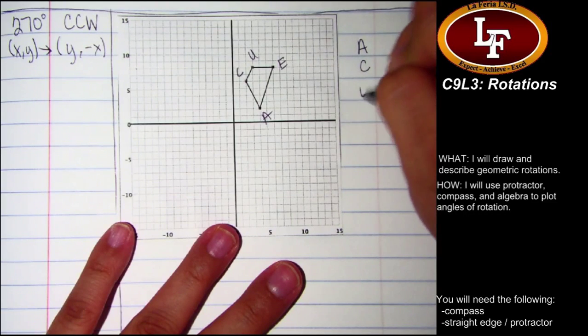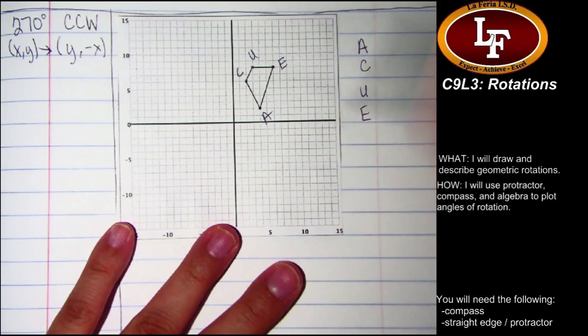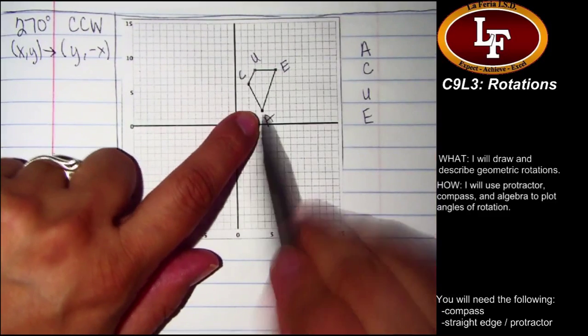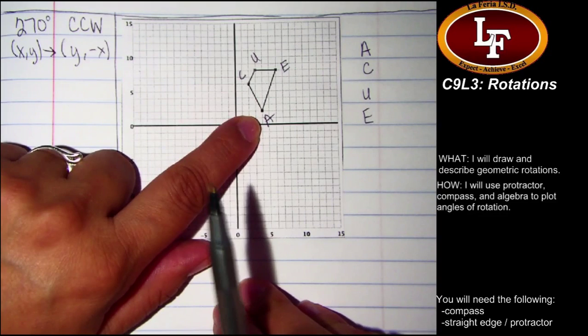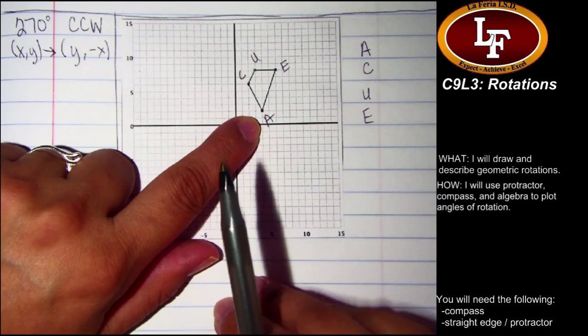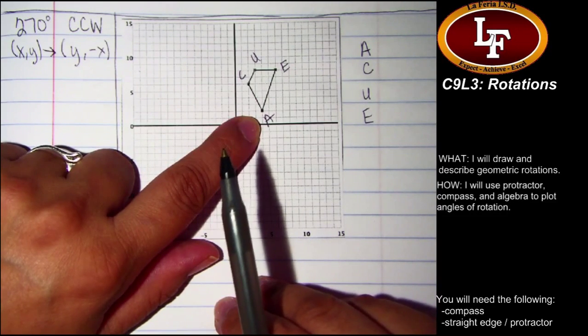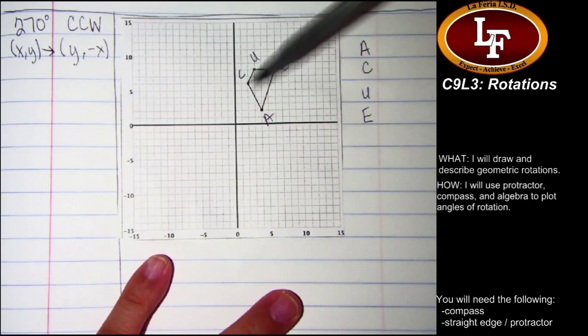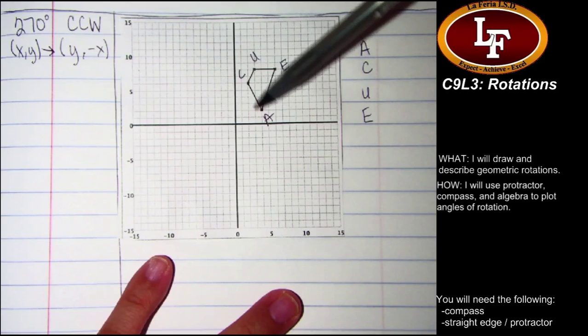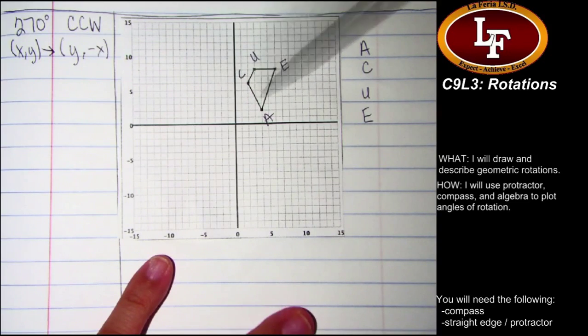Now notice when I'm writing these letters, I'm starting at any vertex I want, but then I'm going in order and following the sides. So since I started on A, I have to go to C or E first. I can't go to U. So when you're naming these figures, start at a vertex, any one you want, and then just walk around the outside edge of your shape to name it.